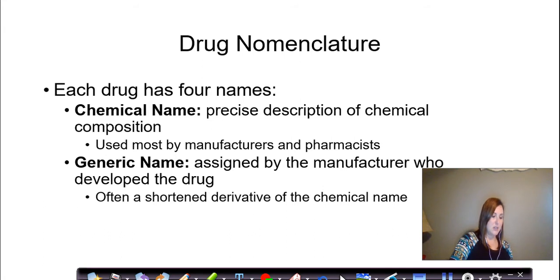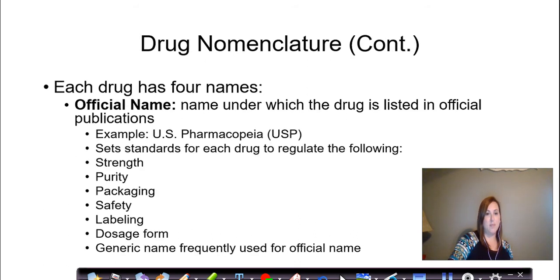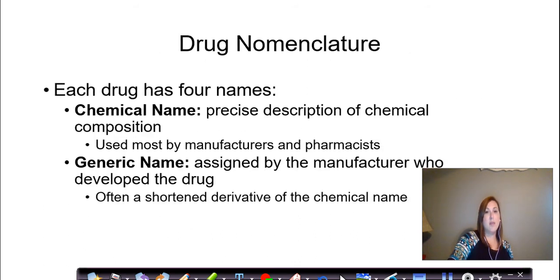So a medication has 4 names when we look at the names of drugs, or drug nomenclature. It has a chemical name, a generic name, an official name, and a brand name. You are going to pay attention a lot to the generic and the brand. Let me go back. The chemical name is the precise description of a chemical composition.